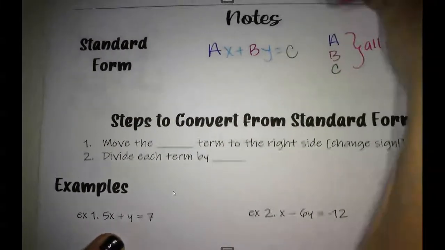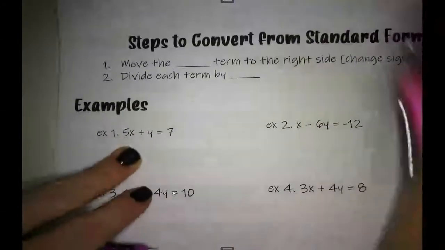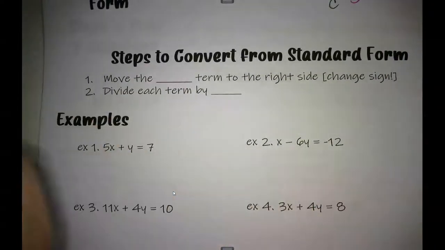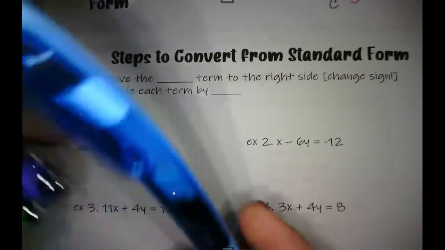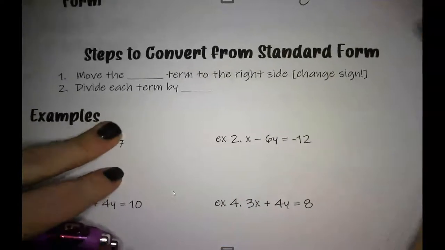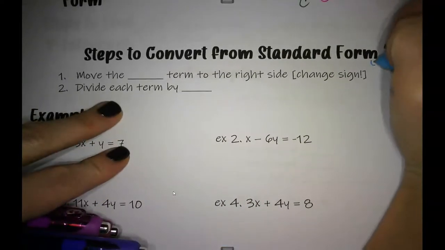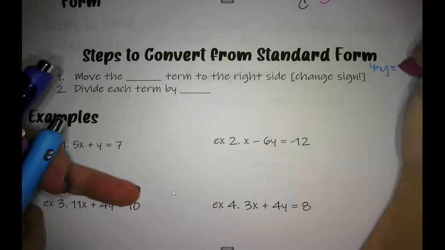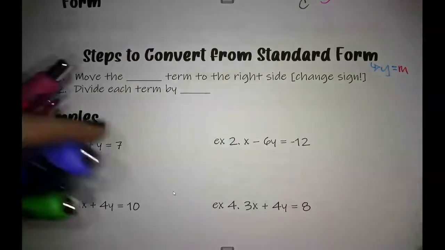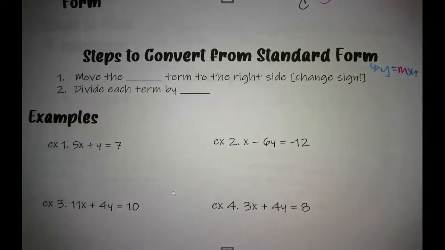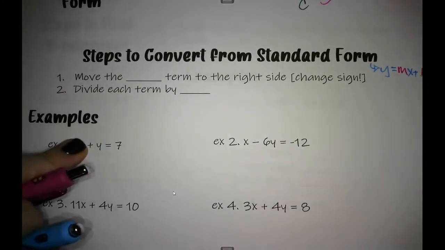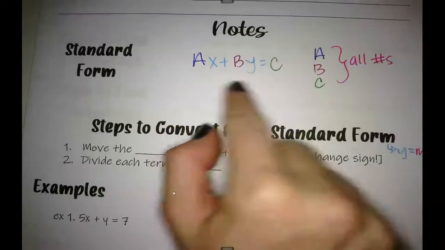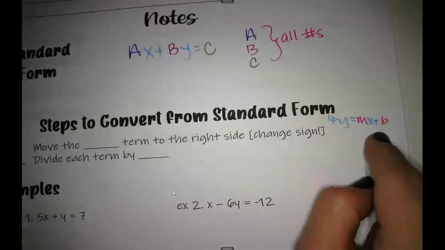So what we're going to want to do is convert from standard form to our slope-intercept form. Remember that is, we want to go to y equals mx plus b. We want to get there. We want to go from this to here.